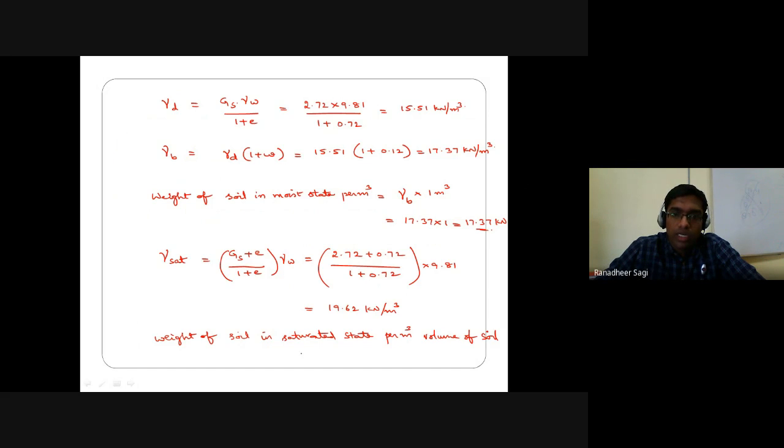This is what I can write as gamma sat into 1 meter cube. So gamma sat is 19.62 into 1, which comes out to be equal to 19.62 kilonewtons, the weight of the fully saturated soil in a meter cube volume of that soil.